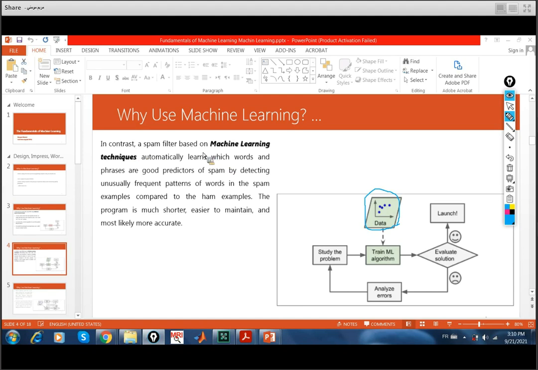But what is the difference between this diagram and the previous one? For this problem, machine learning techniques automatically learn which words and phrases are good.